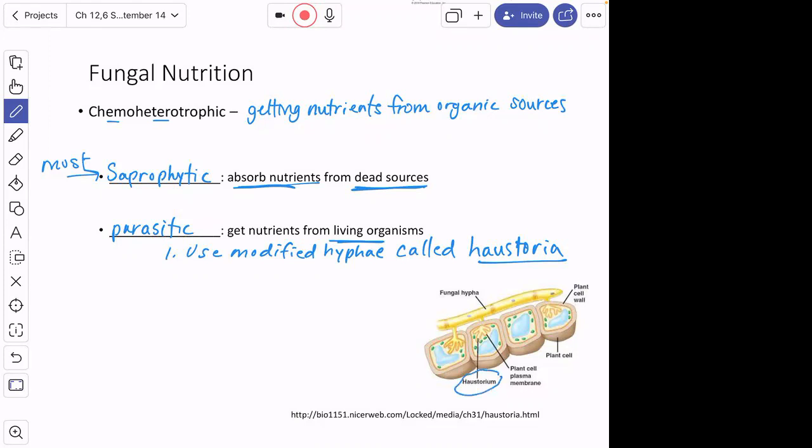But basically, they're specialized hyphae that can penetrate into living cells, living intact cell walls or cell membranes. So they have to be a little bit more, I don't know, beefy. That's probably not a good term for it, but a little bit more strong structurally than a regular vegetative hyphae.